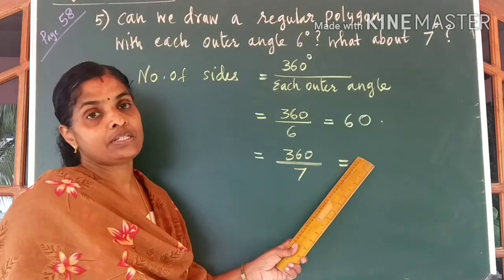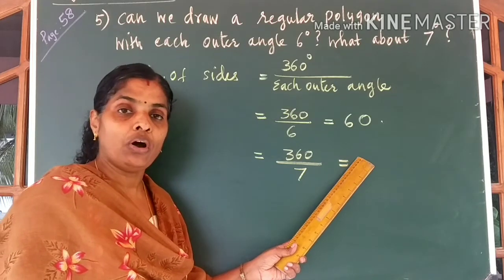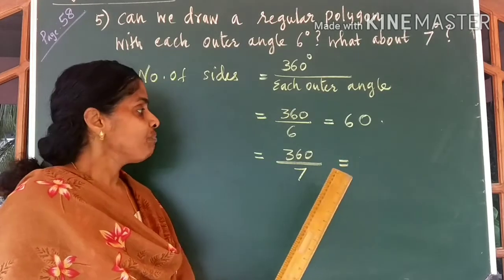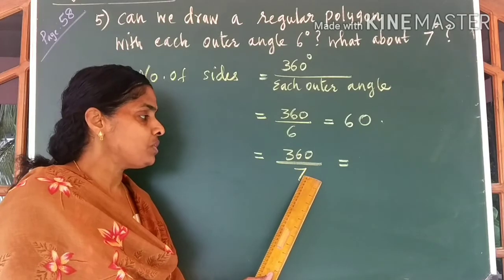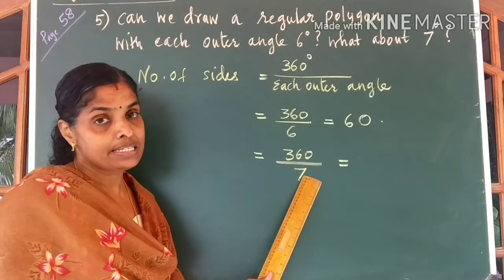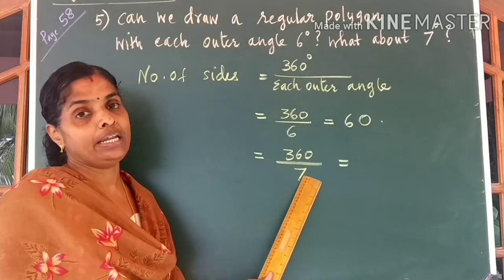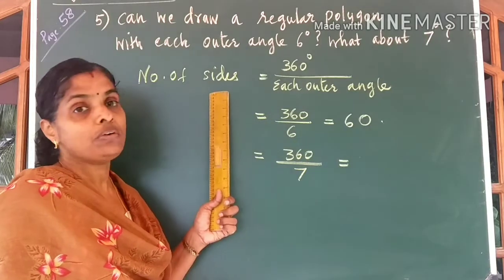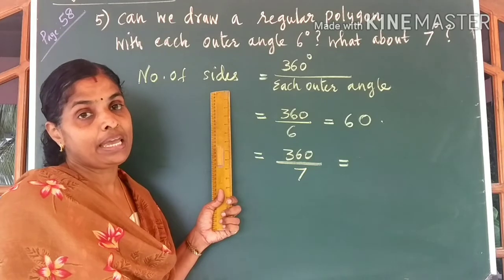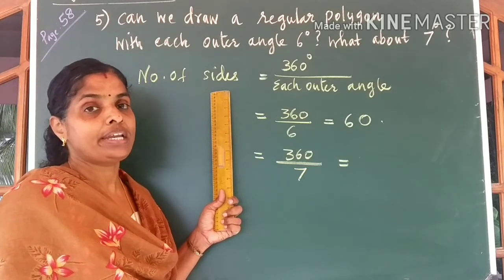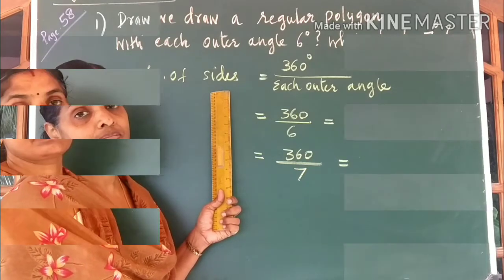The number of sides of a polygon should always be a whole number. Since 360 is not divisible by 7, we cannot draw such a polygon because the number of sides here will be a fraction or a decimal number.